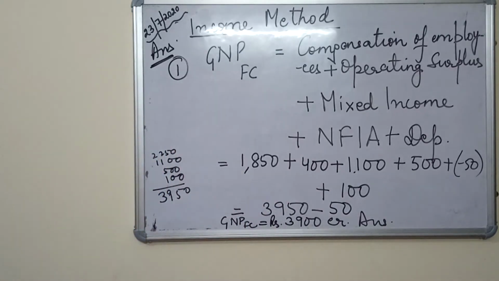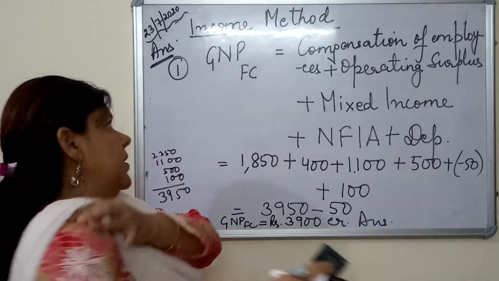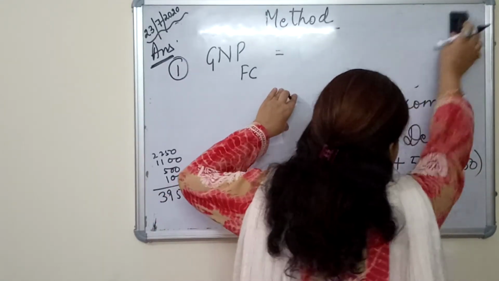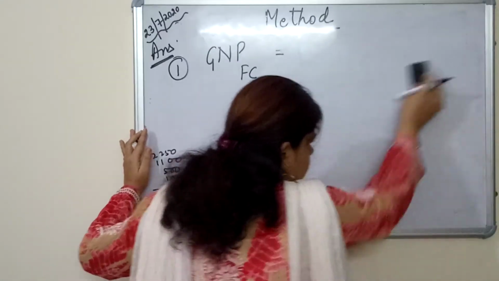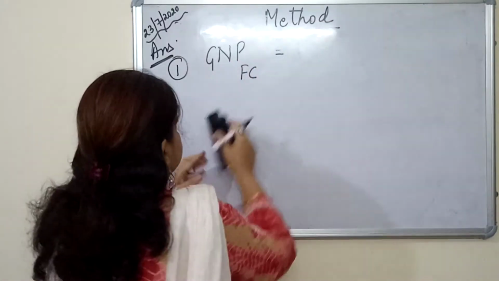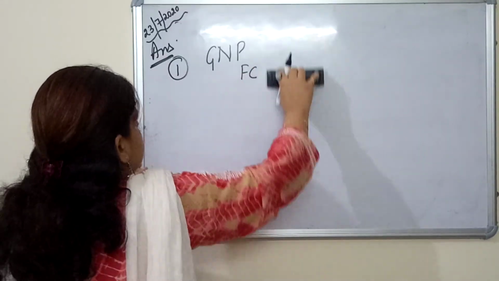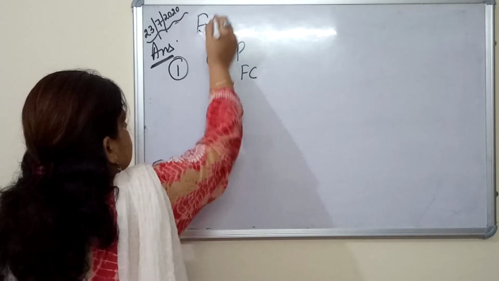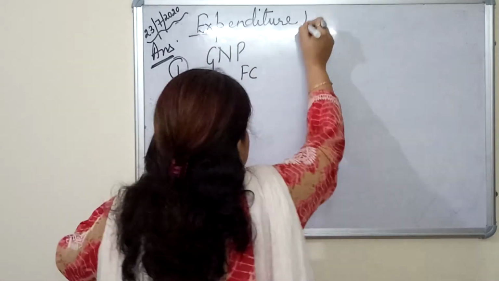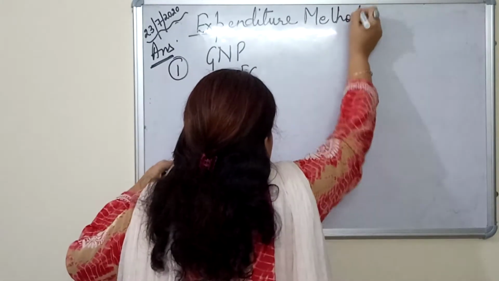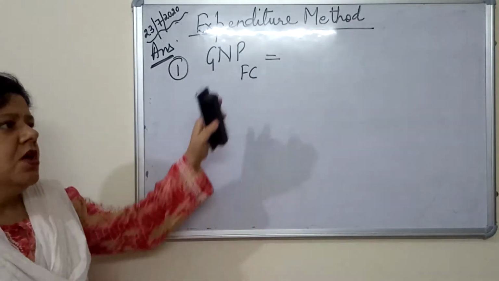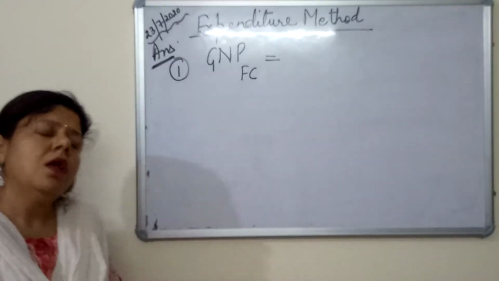Now this is the first part. Now when you calculate by the expenditure method, we did the formulas yesterday. We are calculating national income by expenditure.